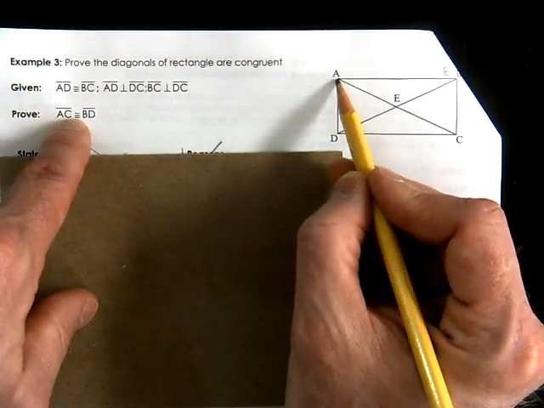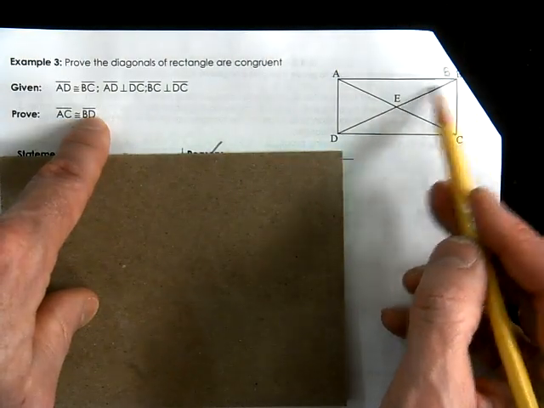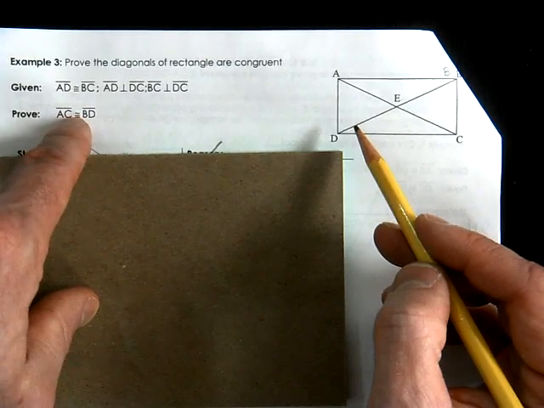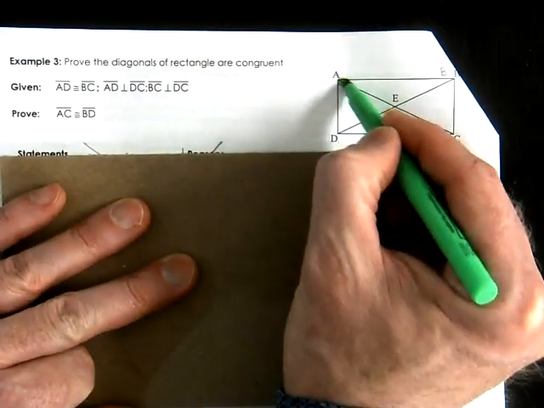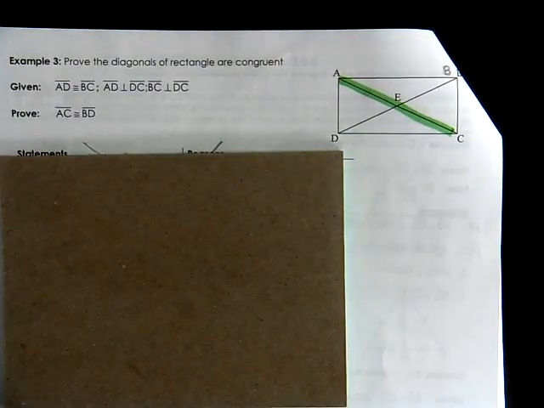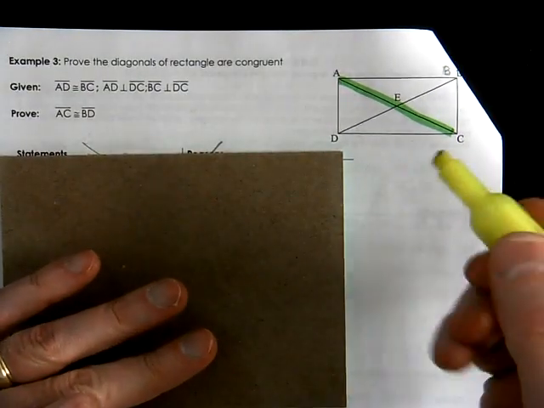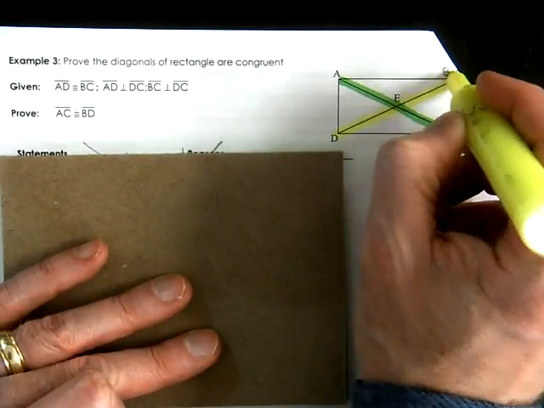Notice that we want to use AC and we want to use BD. We want those two to be congruent. So I already know that those two segments have to be part of the triangle I'm working with.